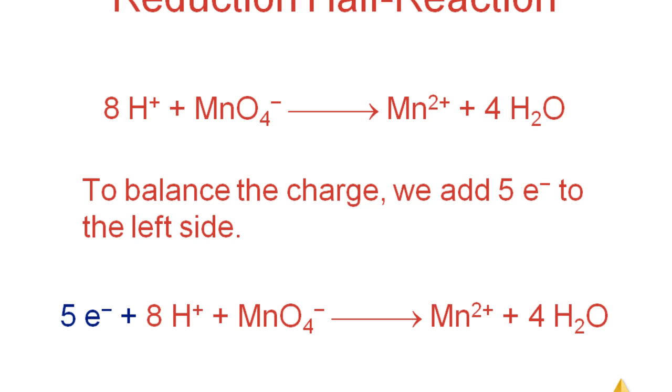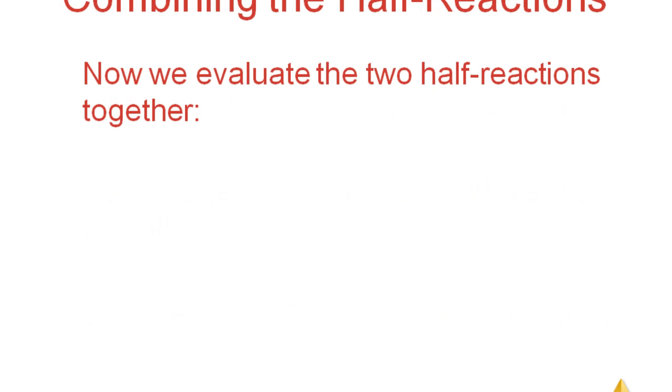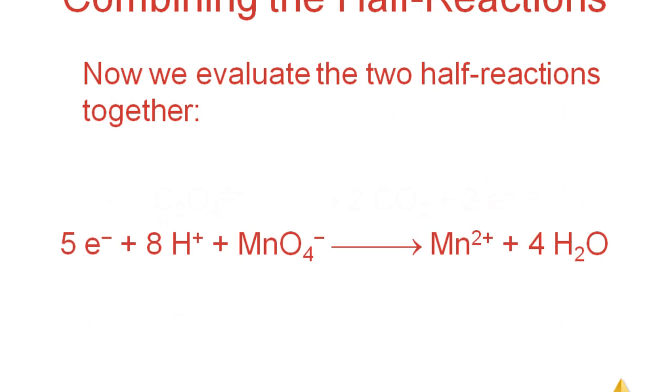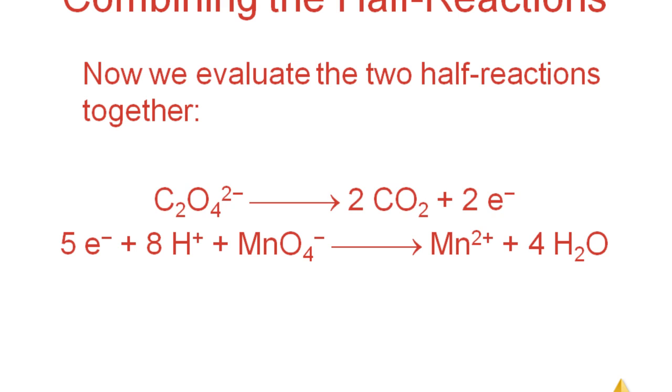Next step is, it is important that we have the same number of electrons in both half reactions. Okay? So in the previous equation, do you remember how many electrons we had? In the previous half reaction, 2. Here we have 5. So when you write them together, you can see that the first one has 2 electrons, the second one has 5 electrons.